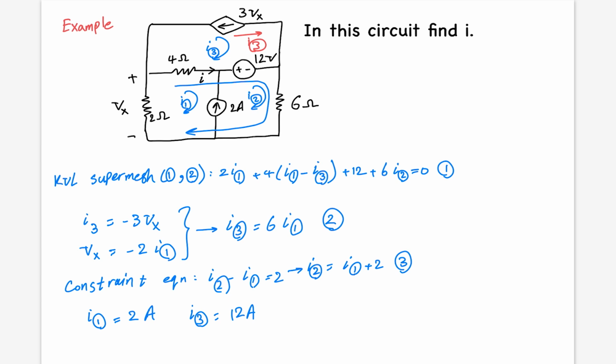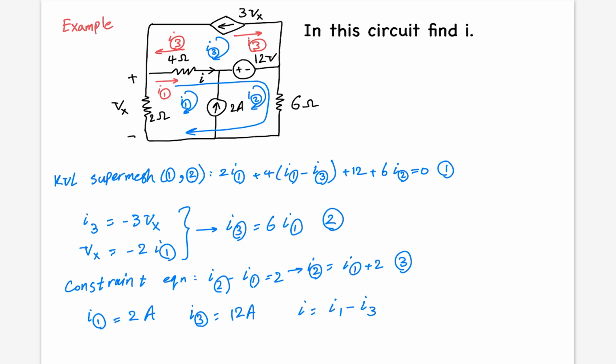So because I will be equal to I1 minus I3. Because as you know, let me write it in this red color. I1 is in this direction, and I3 is in the opposite direction of I1.